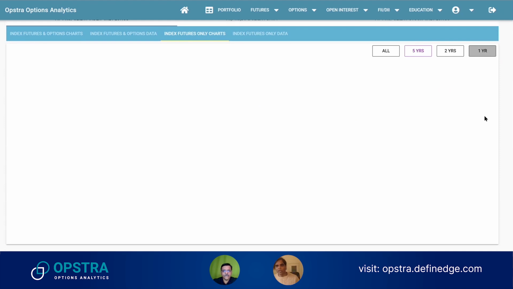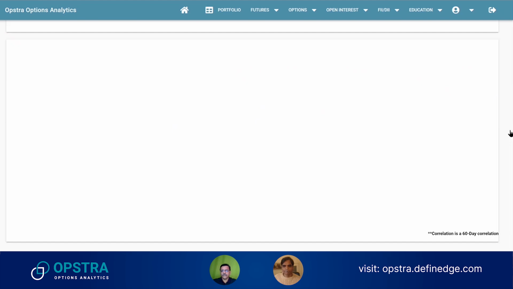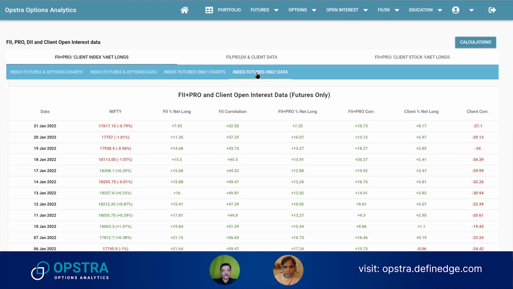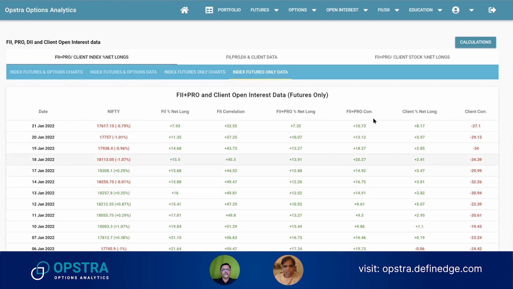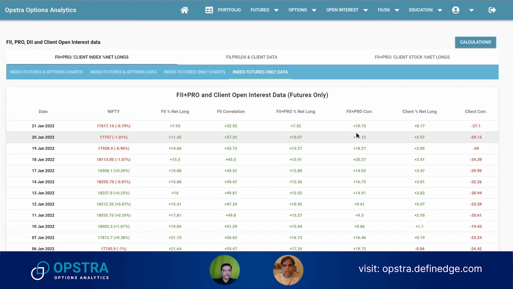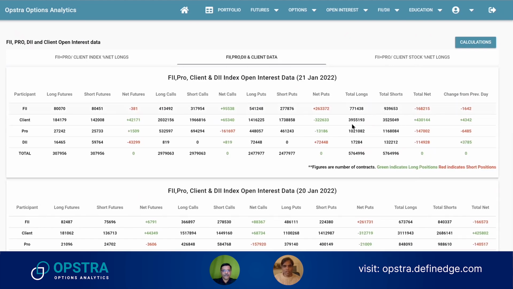So just loading, one minute. Basically all this data has been listed, who is net long, who is net short, what is the correlation and all those things are listed. So you can go and check it out anytime you get time. And this is the tabular format for the same data.